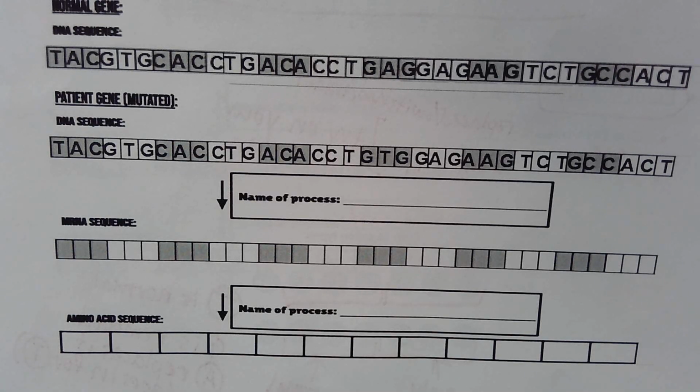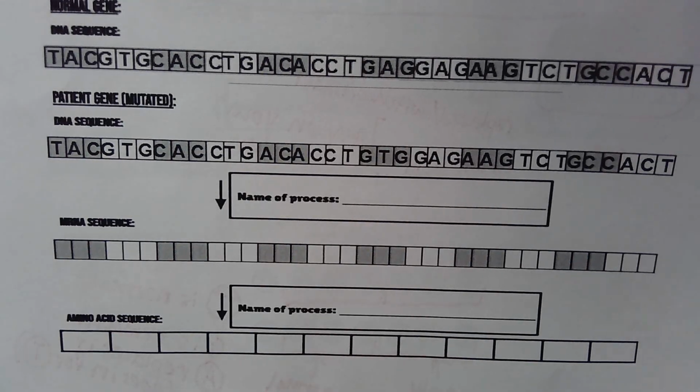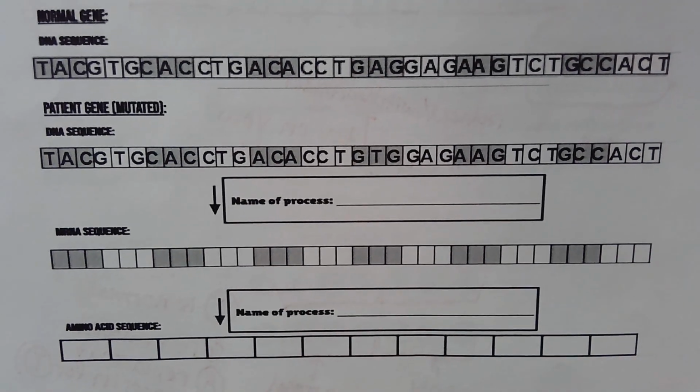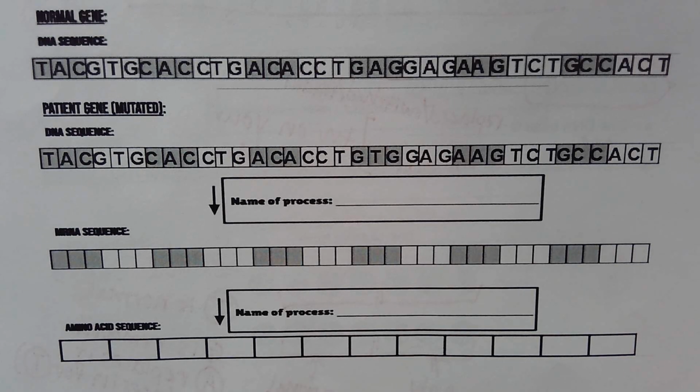Now you're going to do this mutated gene. It could be Maggie, could be somebody else. Go ahead and do this process again. Again, we're just trying to get as much practice at this as possible. And trust me, it will go faster the more you do it.